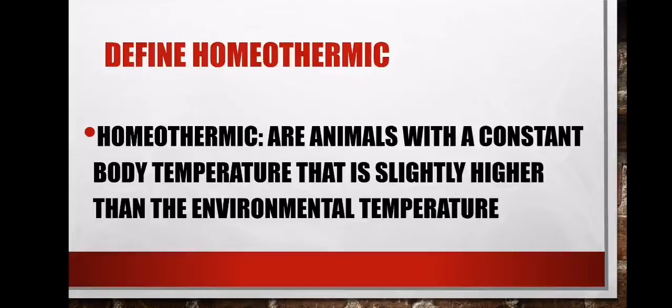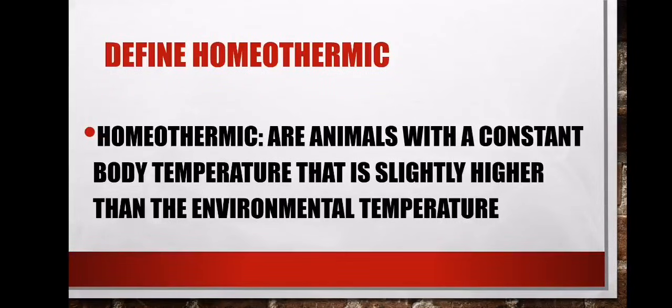Then let us define the term homeothermic. We say homeothermic are animals with a constant body temperature that is likely higher than the environmental temperature. I want you to master the last part, which is key: that temperature is likely higher than the environmental temperature.